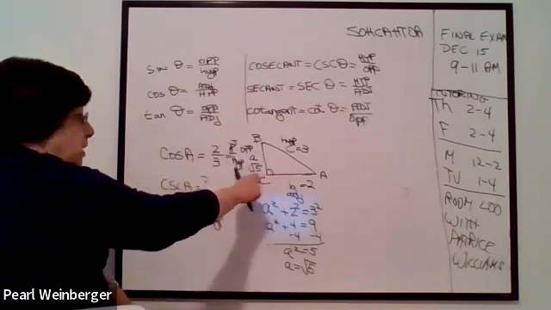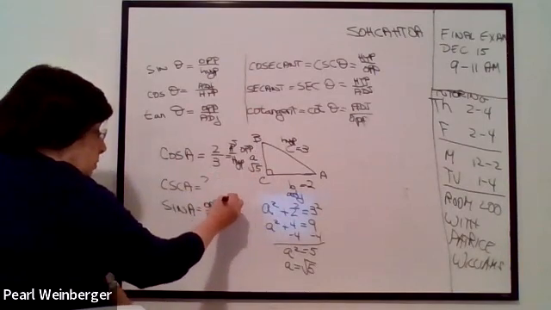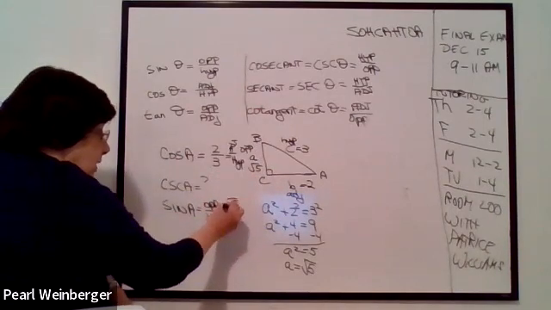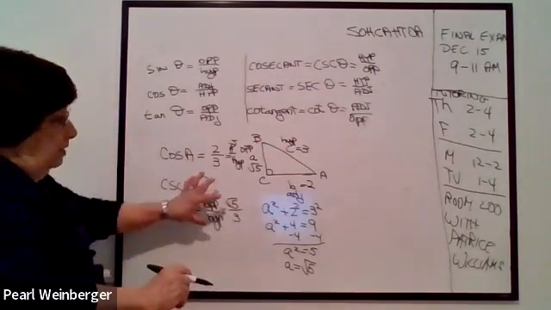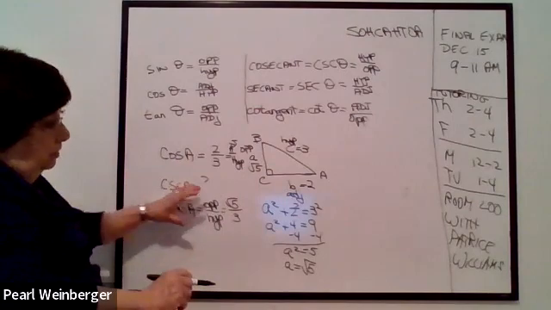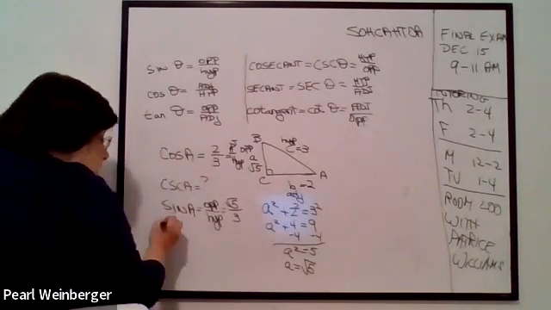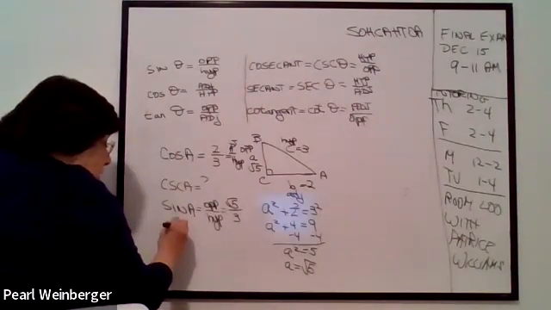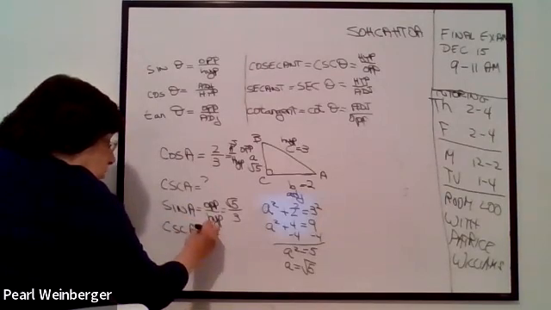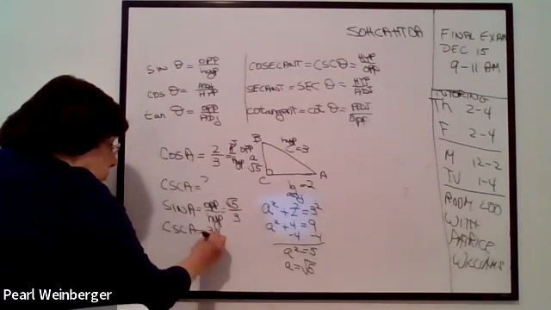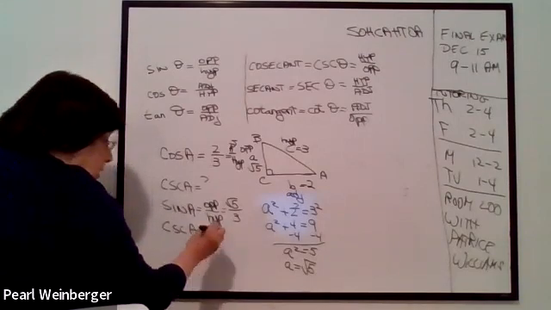And in our triangle, the opposite side is square root of 5 and the hypotenuse is 3. That's not the one that I want, though. This is the sine. The cosecant, then, is its reciprocal, 3 over the square root of 5.